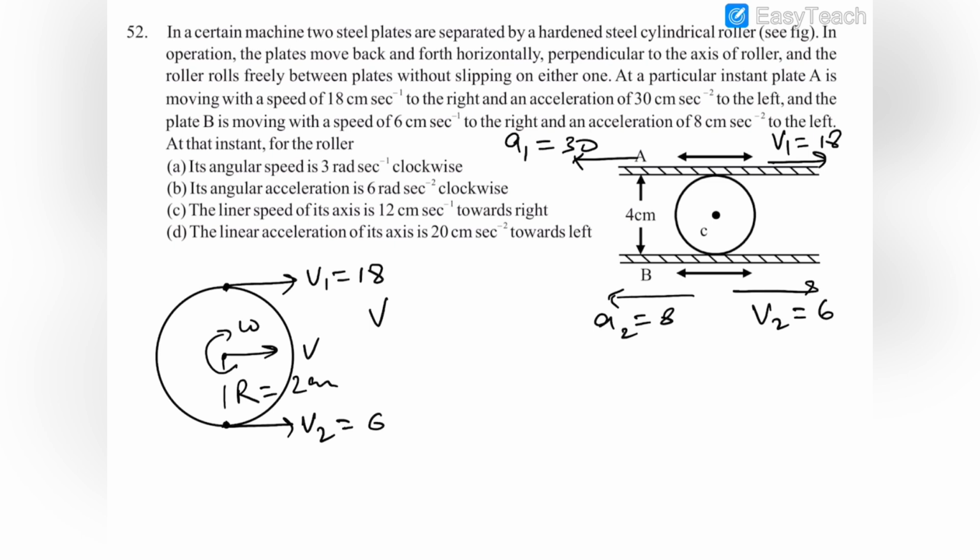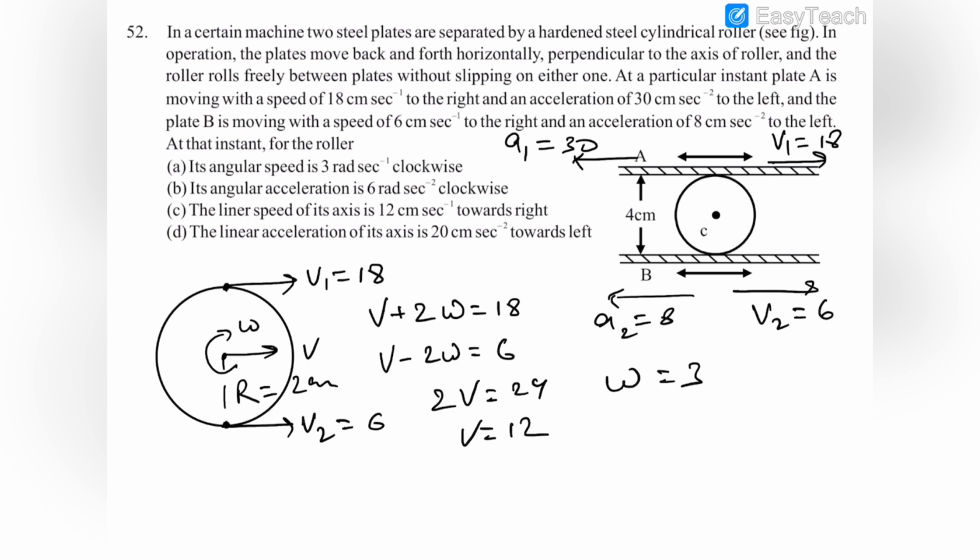So v plus 2 omega is equal to 18 and v minus 2 omega is equal to 6. So 2v is equal to 24 and v is equal to 12, while omega is equal to 3. So option number A is correct and option number C is correct.